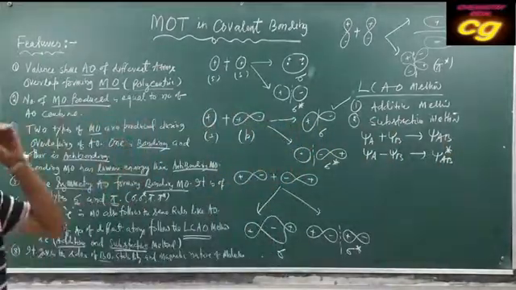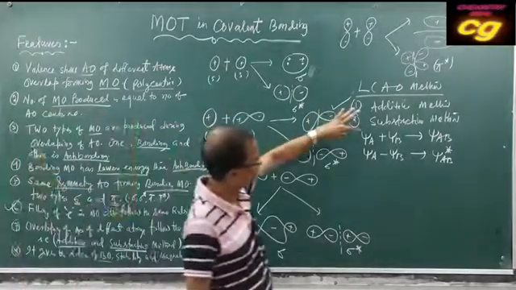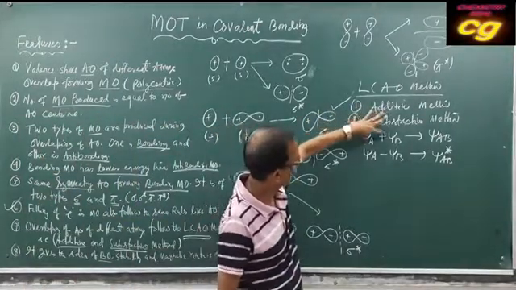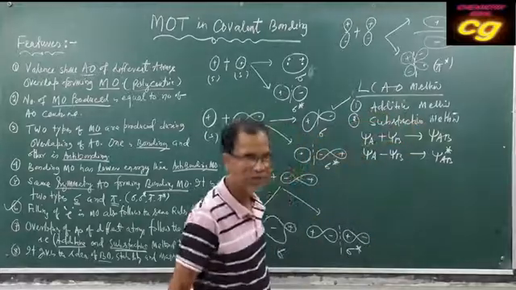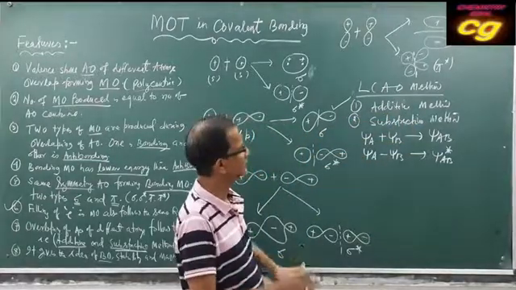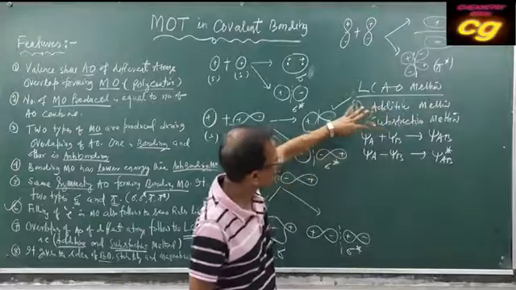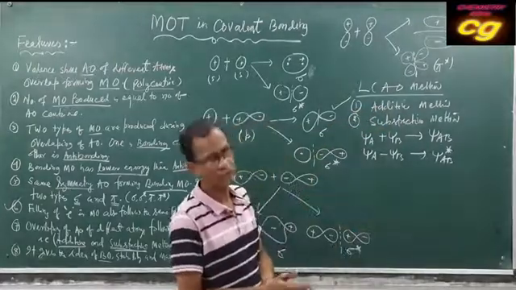Here, during overlapping, the electron density in the overlapping region will be more.